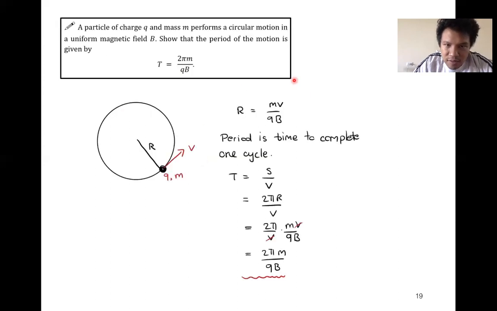Let's recall R equals mv over qB, the radius of the circular motion under a magnetic field, and we can define the period as the time of a complete cycle.